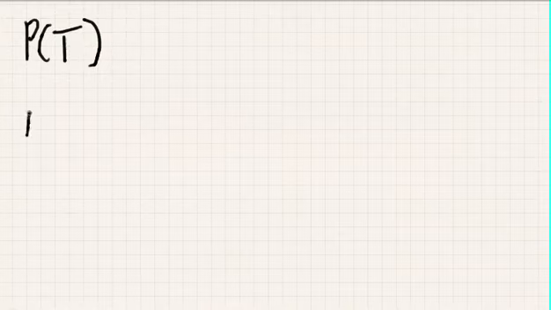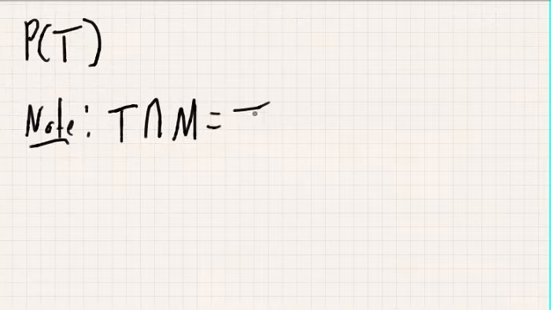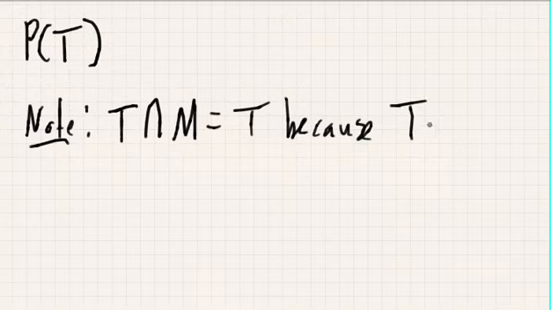Note that T intersect M is just equal to T, because those commuting by train are a subset of those commuting by mass transit.